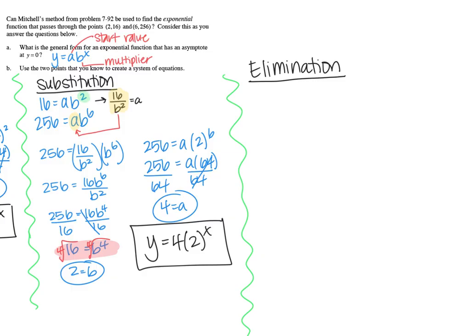So when we're doing linear equations and you use elimination, you're adding the equations together, right? But in the elimination method for exponential functions, things are being multiplied. So the elimination method here is going to use division as a method to undo or eliminate a variable.